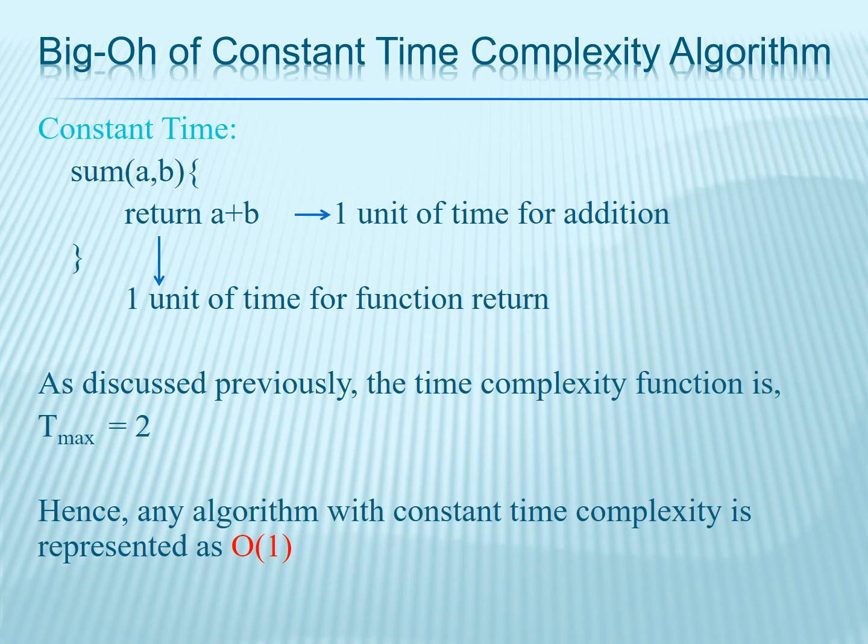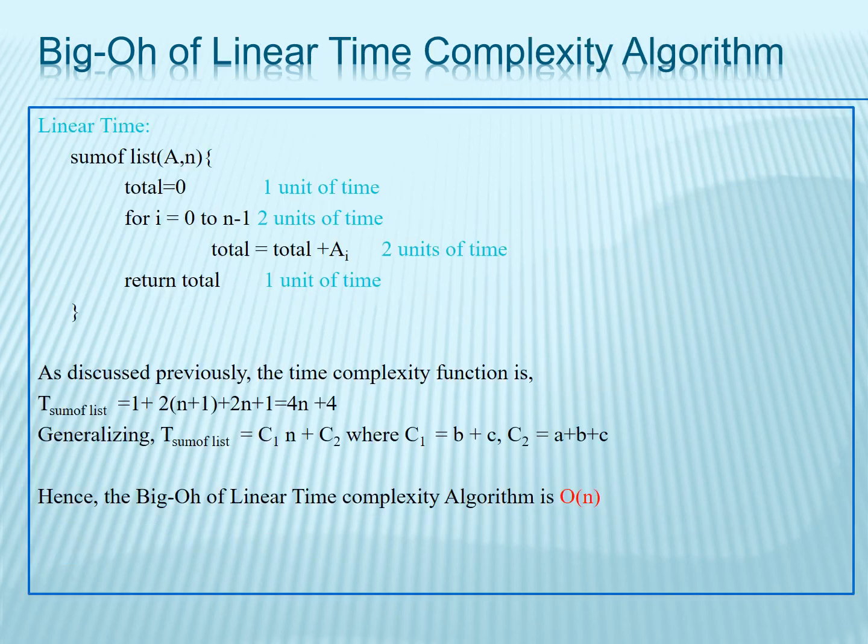Let us revisit the constant time complexity algorithm which we discussed previously. Here, the time complexity function is represented by T max is equal to 2. Hence, any algorithm with constant time complexity is represented as big O of 1. Similarly, let us revisit the linear time complexity algorithm.